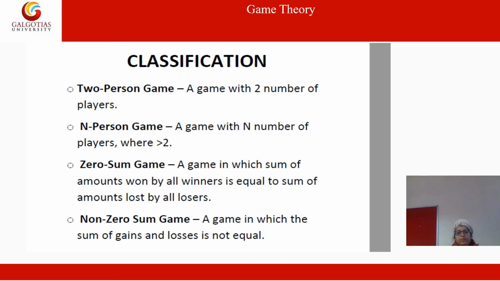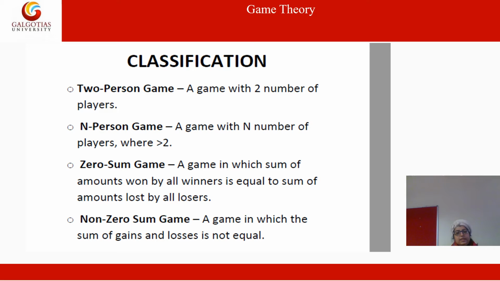The next is the zero-sum game. In this, it is a game in which the sum of the amount won by all the players is equal to the sum of the amount lost by all the losers.